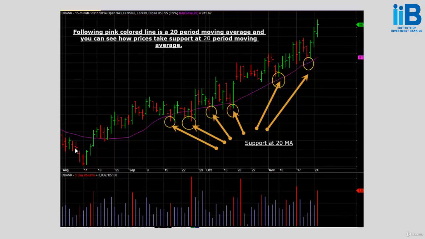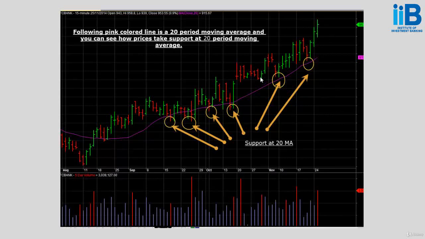Here you can see it went up, crossed the pink colored line, came down, found support at the pink colored line, went up, up, up, came down again, found support, went up, came down, found support, went up, came down, found support, up, down, support, broke to a new high, went sideways, made a new high, reacted down, could not penetrate its 20-day moving average, went up to make a new high, came down, failed to penetrate the 20-day average, and then went ahead to make a new high.